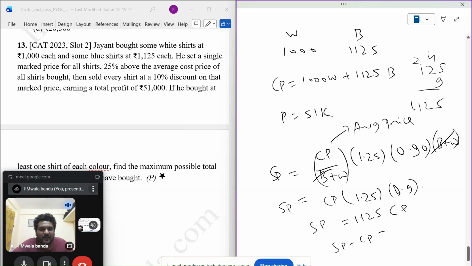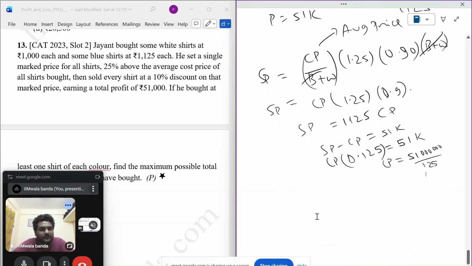SP minus CP is 51,000 and 1.25, just put CP. So 0.125 into CP is 51,000. Okay, got it. So CP is 51,000 and three more zeros upon 125. Better get it solved.